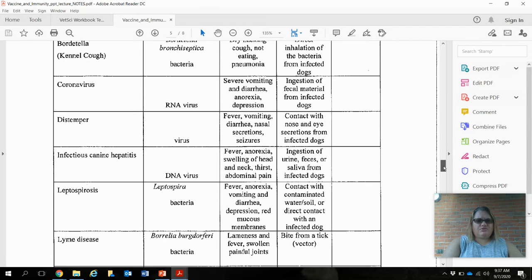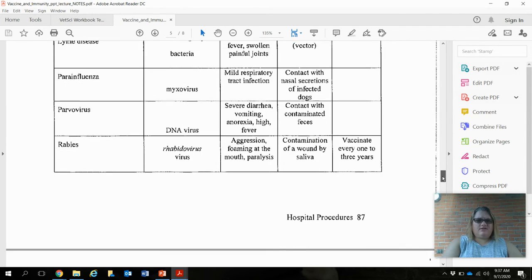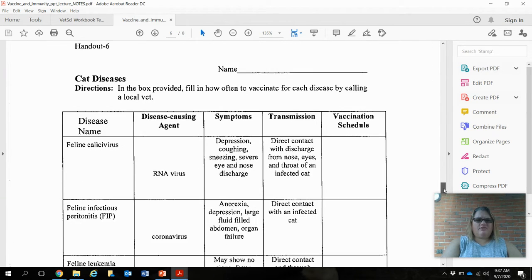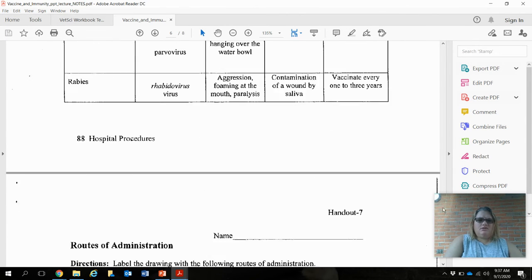So those are all dog diseases that we tend to vaccinate for. And then here are the cat diseases, again with the difference between if they're viruses or caused by bacteria, the symptoms, and how they are transmitted.